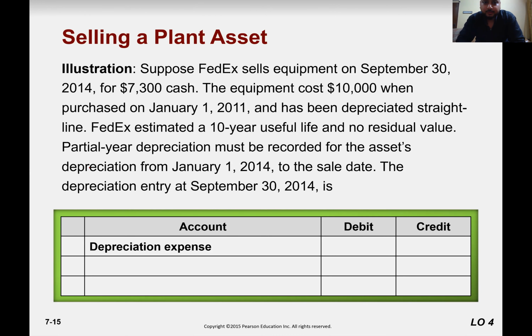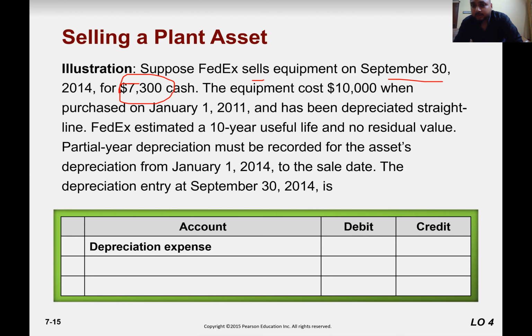Suppose FedEx sells equipment on 30th of September. Dates are very important, you need to be very attentive to the dates. On 30th September, they sell it for 7,300 cash.